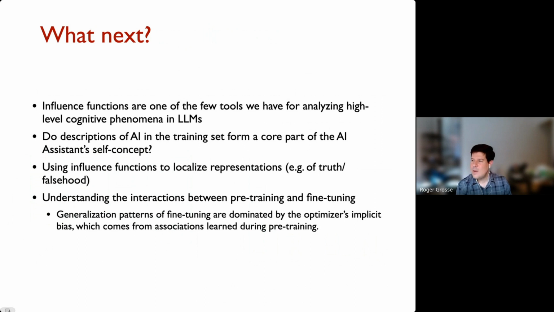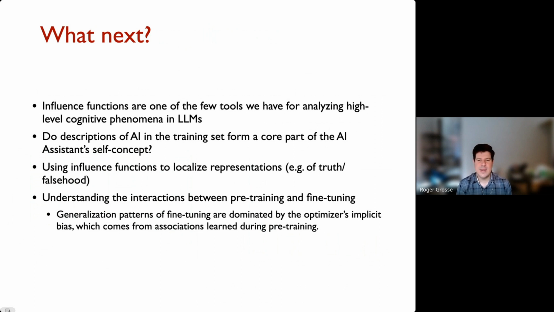And finally, I've talked primarily about using influence functions to analyze generalization from pre-training. But ultimately, we'd be more interested in using them to understand fine-tuning. Because there's essentially one way everyone does pre-training, but many different objectives you could use for fine-tuning.